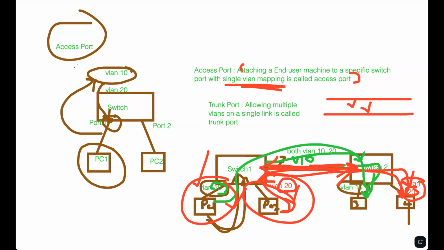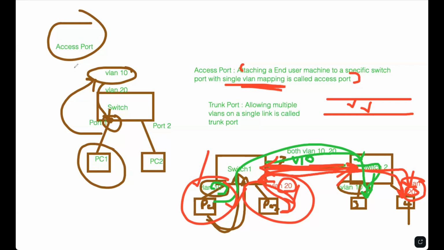Okay, so when the green tag is sent, it goes only for the green VLAN. Correct, because they are separated with the tags. Yes, I got it.